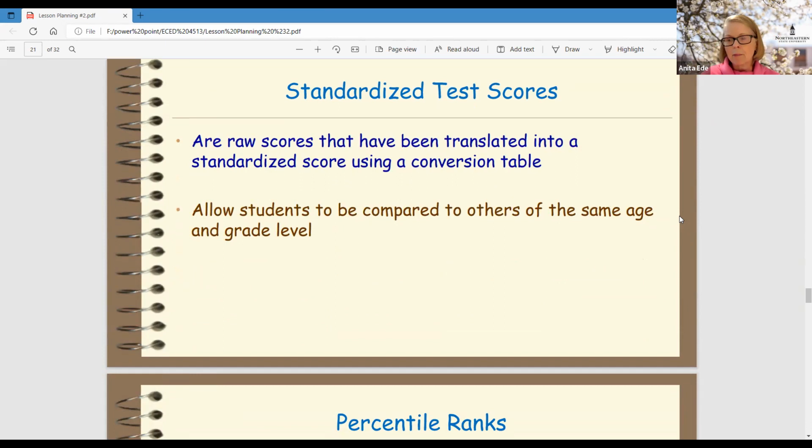However, my concern, and I do keep this in mind when I'm reading a standardized test score, is who has it been standardized on? Because it depends on where the company that printed the test conducted their trial runs. Did they do their trial runs in your state on students that are similar to the students in your classroom?